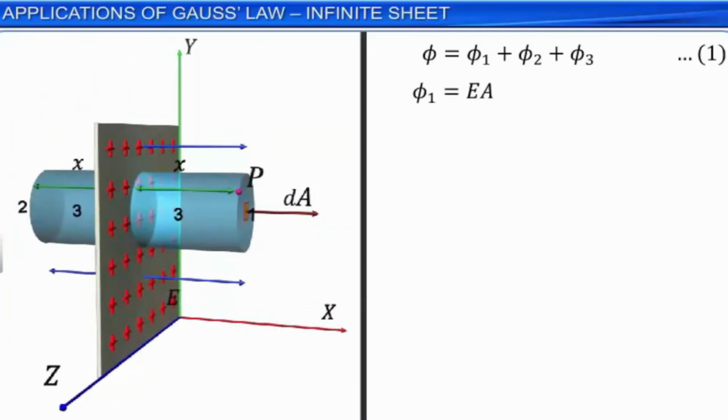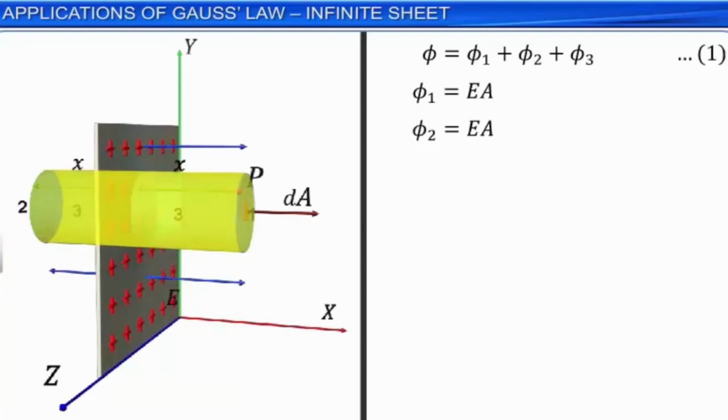also equal to EA. Now consider surface 3, which is the curved surface of the Gaussian cylinder. At every point on the Gaussian cylinder, the electric field strength E and the outward normal to the surface, which represents the area vector, are perpendicular to each other.